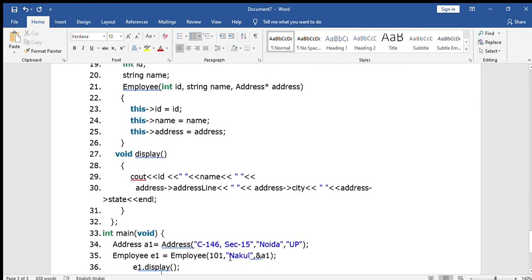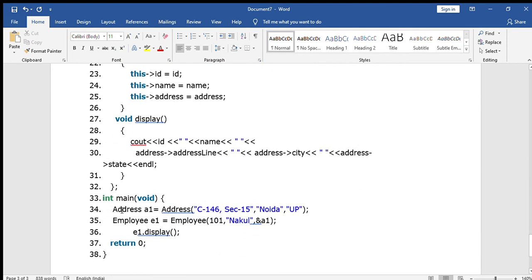Then creating an object for Address and creating an object for Employee. Address a1 equals Address of addressLine, city and state. Then Employee id, employee name, and address also I'm sending. Right?